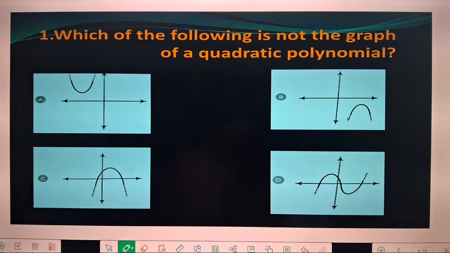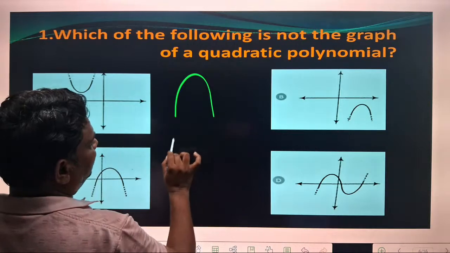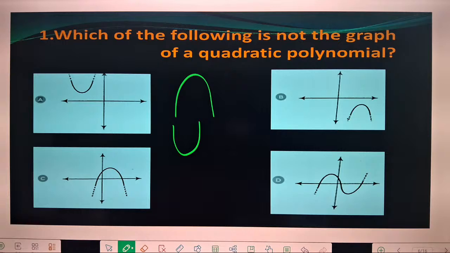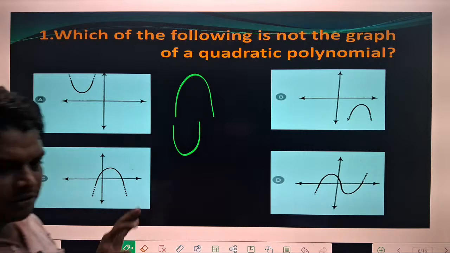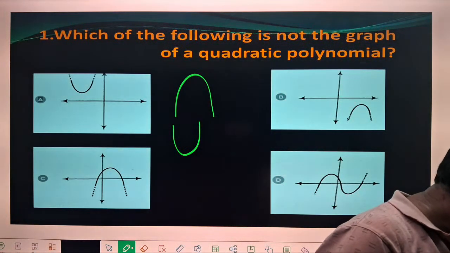Every student note down: the quadratic polynomial graph is always downward or upward. The shape of a quadratic polynomial graph is always U shape.